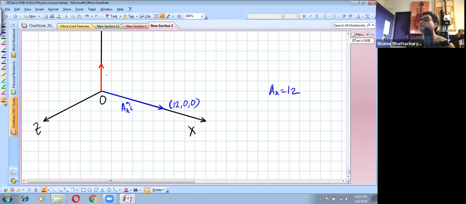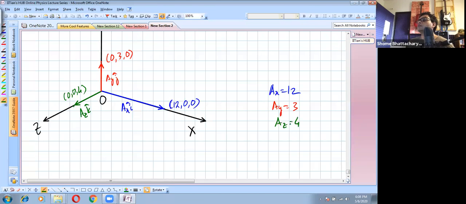This will be my Ay j cap, where this point will be on the y-axis having coordinates 0, 3, 0, because I had defined Ay as 3 in the example. And similarly, where will my third component be? It will be along the z-axis, with a magnitude of 4 along the positive z-axis. So it will be the line joining the origin with this point, which is 0, 0, 4. And this will be the vector Az k cap, where Az is equal to 4.